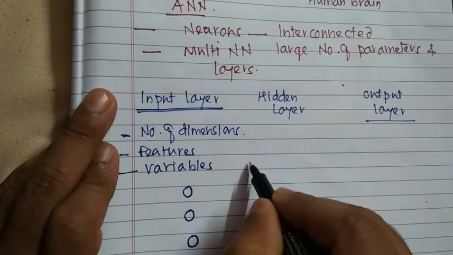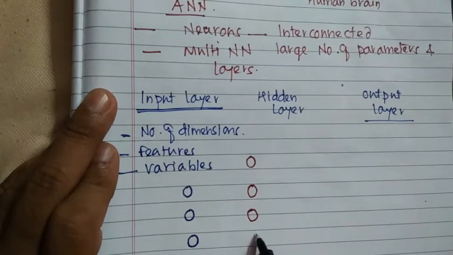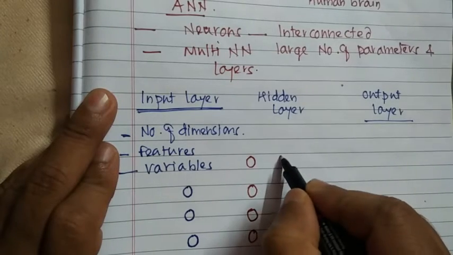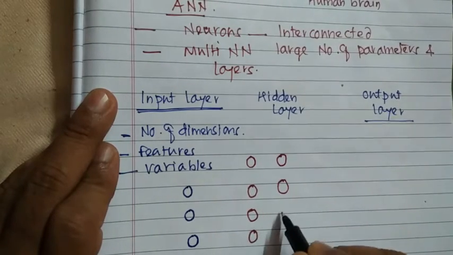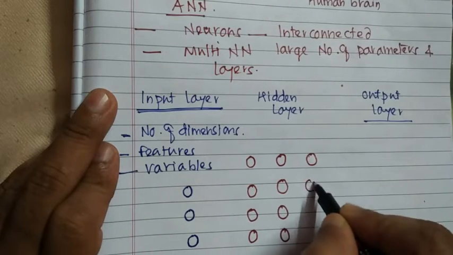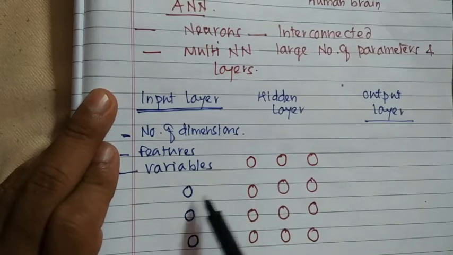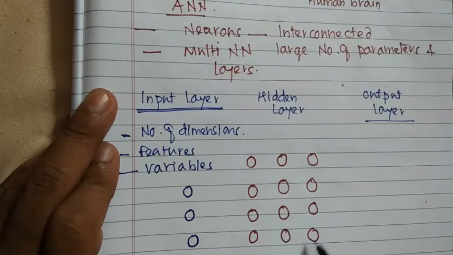There may be a number of layers present in the hidden layer itself, and each and every neuron is interconnected.